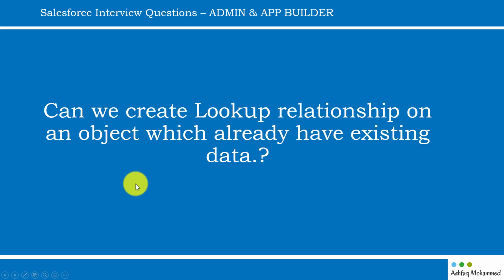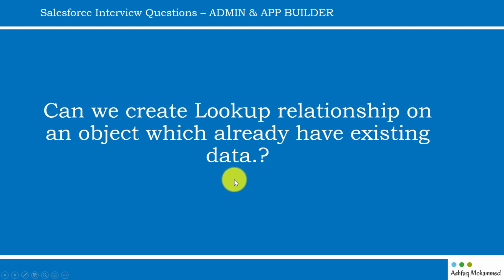Okay, straightforward. Can we create a lookup relationship on an object which already has existing data? Let's say I have two objects which I created for my release one, deployed to production, and my users started entering data into those two objects.